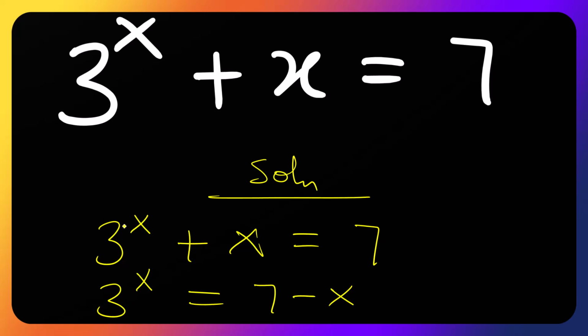To get rid of it, you need to divide both sides by 3 to the power x. If I do that, this side will be 1 and I'll leave 7 minus x over 3 to the power x.